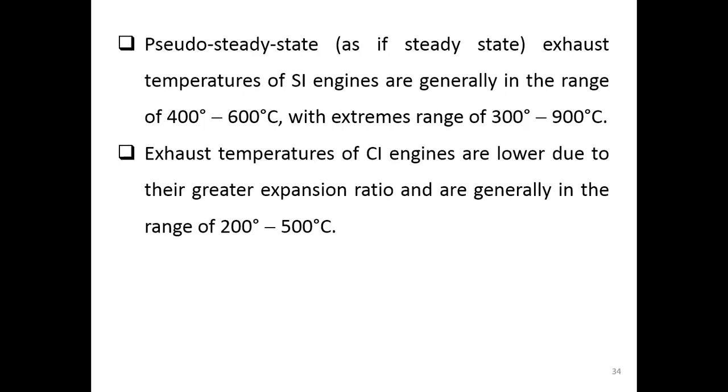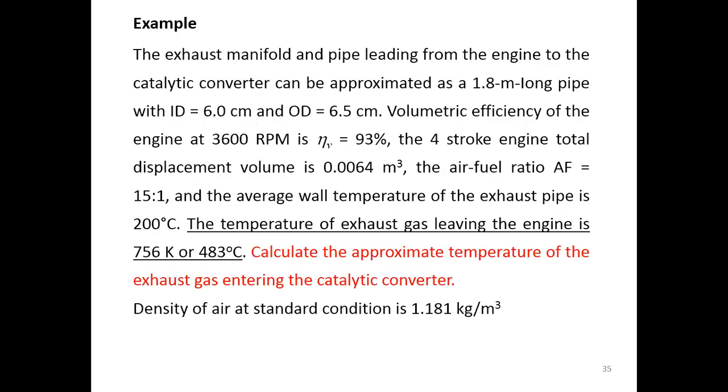The reason why the exhaust temperature of the CI engine is lower is because it has a greater expansion ratio, as we mentioned in our air fuel cycle analysis. So look at the example, a calculation example.